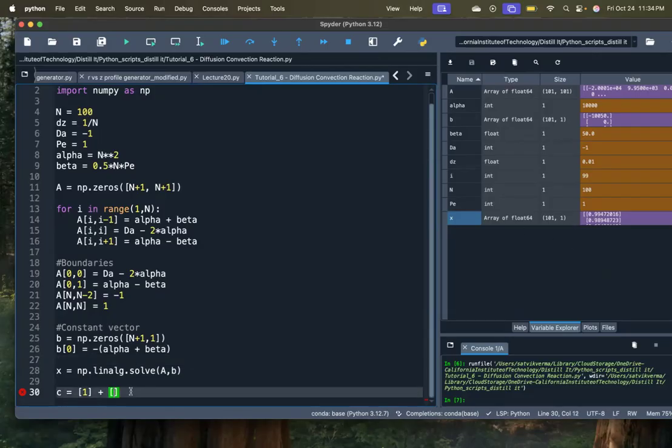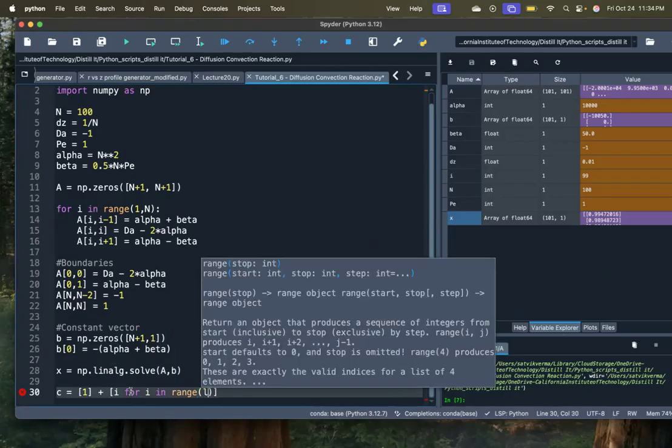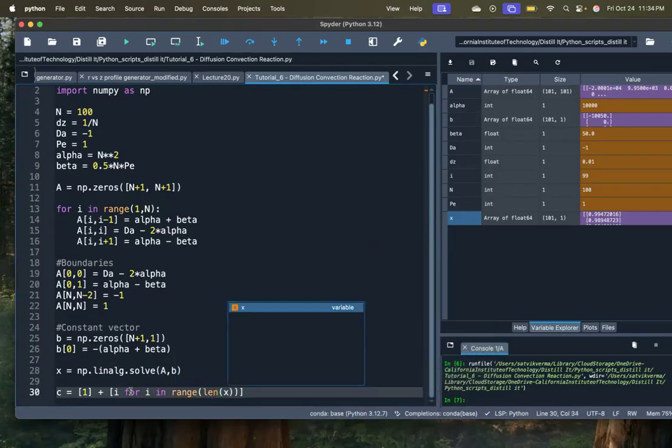So that is going to be x[i] for i in range length x minus 1, because we don't have to go there. And remember, the shape of x is this comma 1. So basically, this is how you extract that.